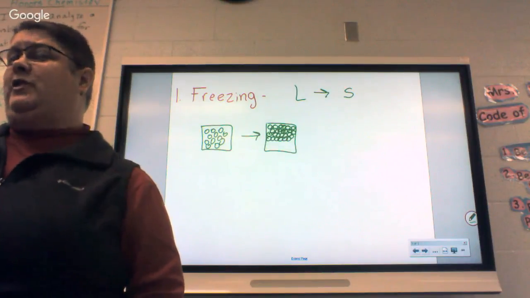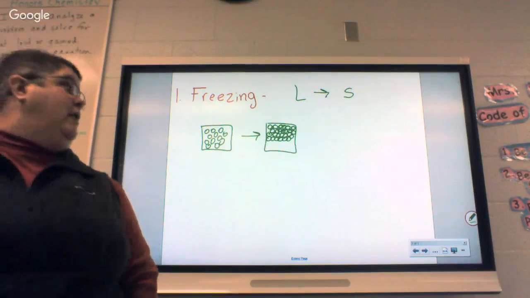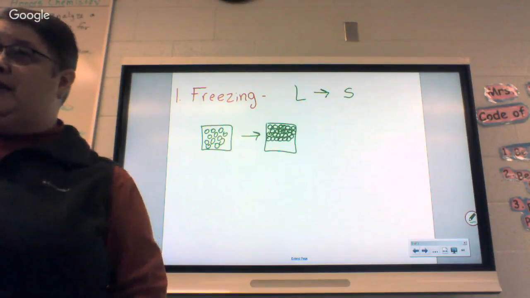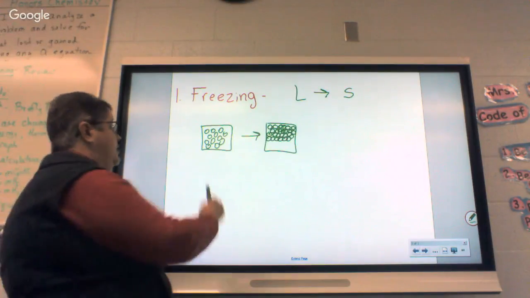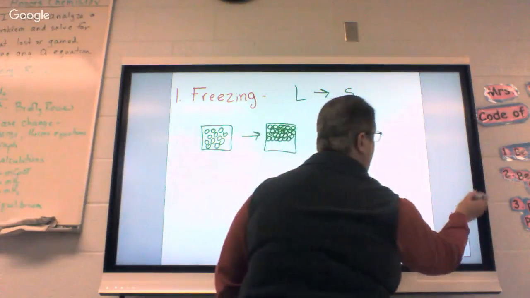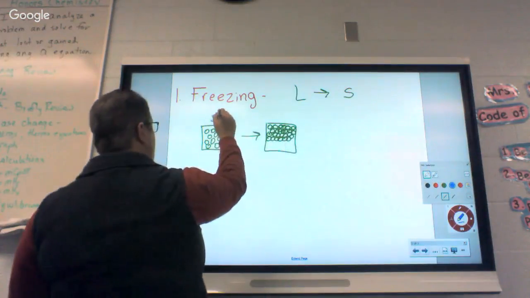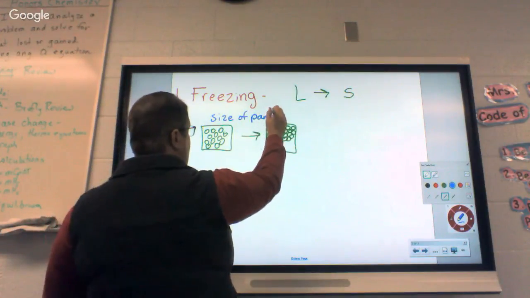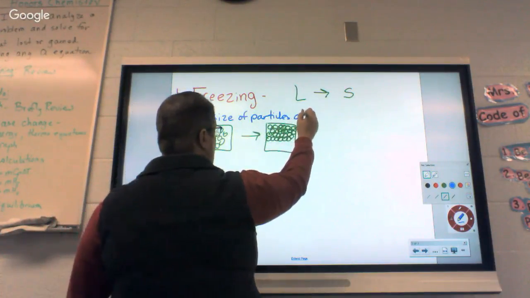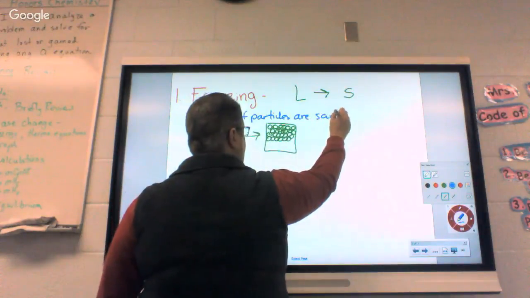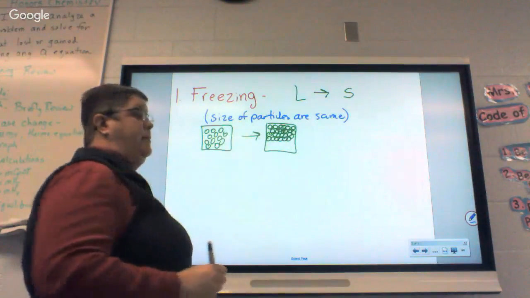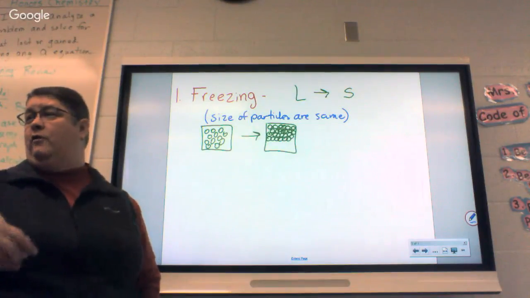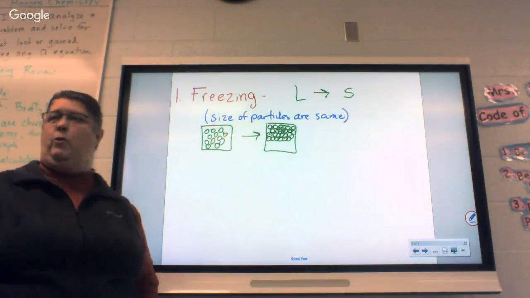I tend to draw them different because I get sick of drawing the particles in the solid. So I tried to draw them similar, but you can tell I got a little messy and they're not quite the same. Let me put a little side note up here. Size of particles are the same, because it's the same compound. And remember, we're just changing the state, so it's the same compound. For the purposes of this discussion, it could be water.